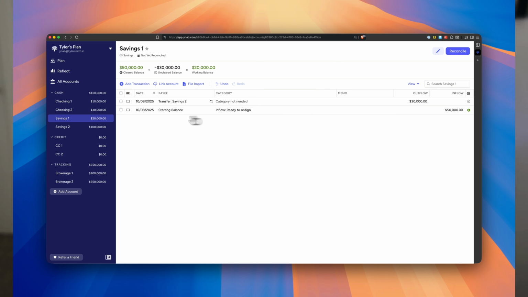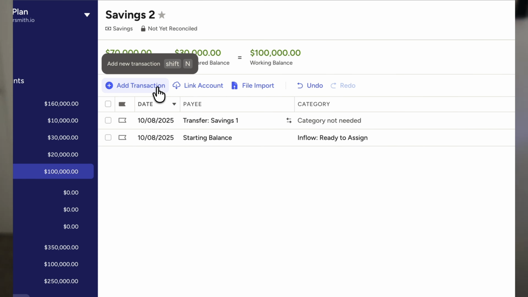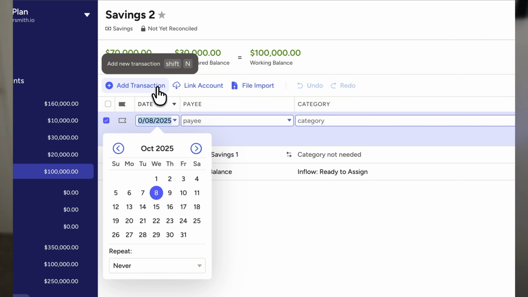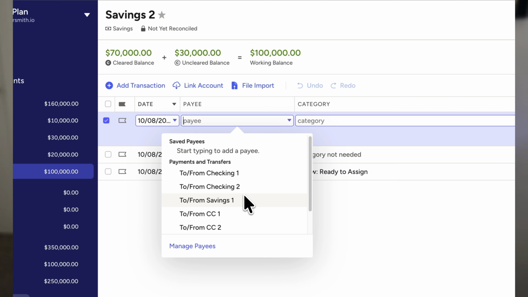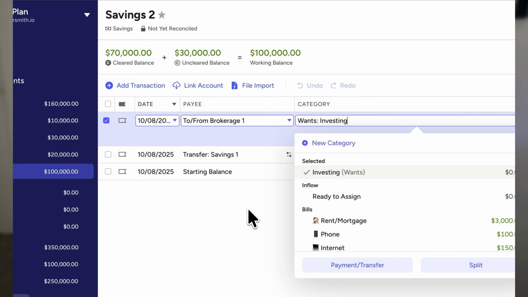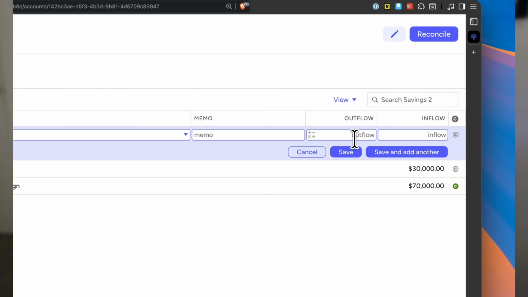Next, when Susan moves funds from that savings account into her Vanguard brokerage, that money is leaving the plan. It will no longer be included in Ready to Assign or be available to spend on other things. Since that money is leaving the plan, YNAB will view it as an outflow, and Susan should categorize that outflow as something like investments, or whatever her intended purpose or job for that money is.